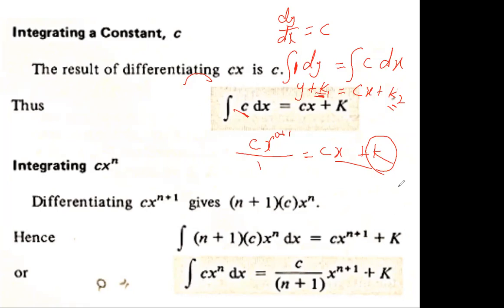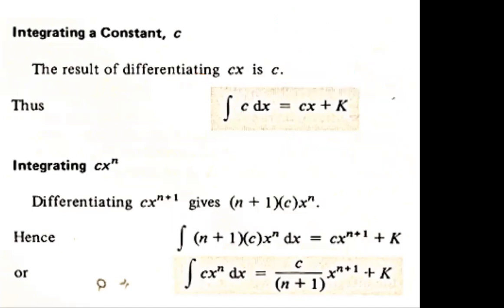Good. And all the rules we had before, we just merge them into one now. So we want to integrate something like this, which is like 2x squared, 3x cubed, 5x to the 10 power, that sort of thing, if there's a number other than 1 in front.